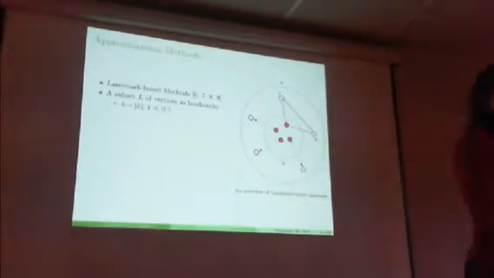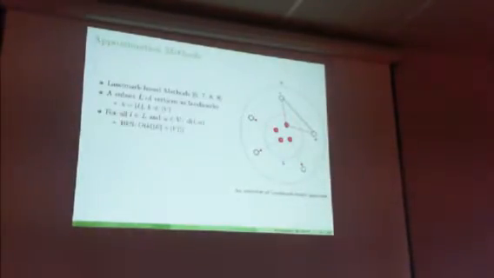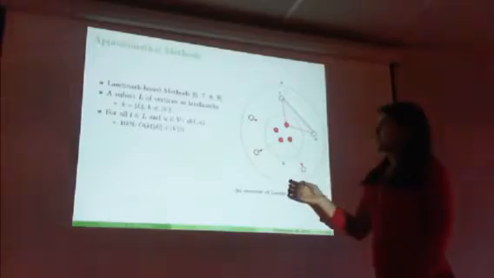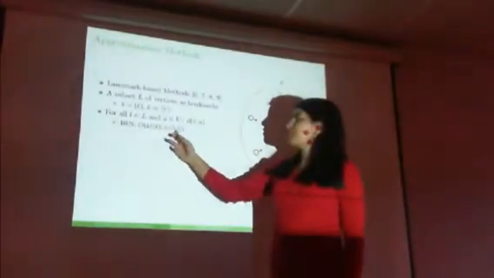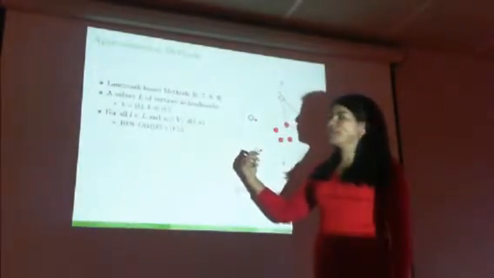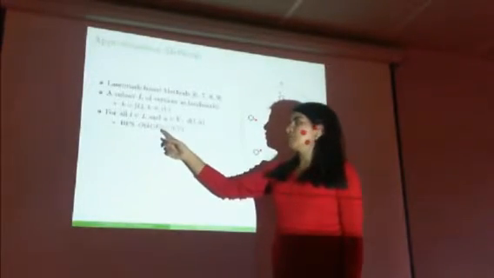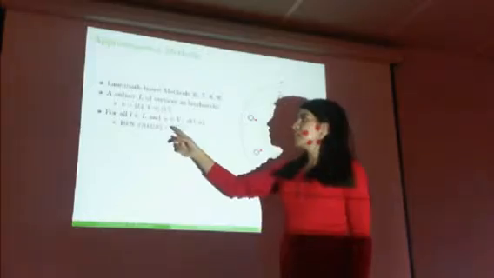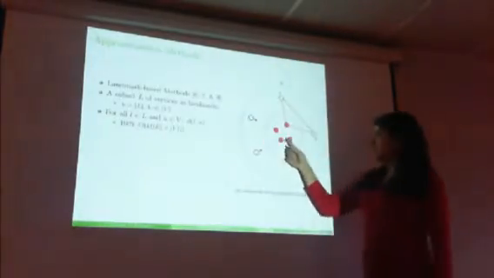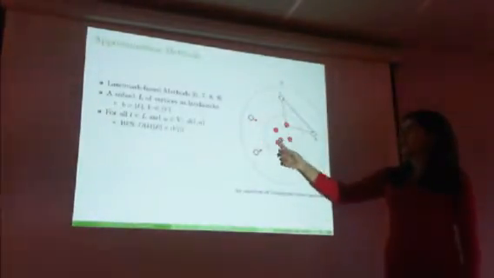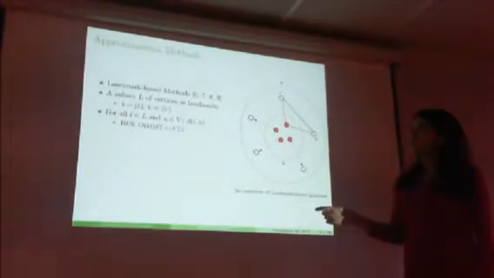And then, using BFS, because BFS on an unweighted graph takes time complexity of number of edges plus number of nodes, they find all the distances between these k nodes and all other nodes in the graph.